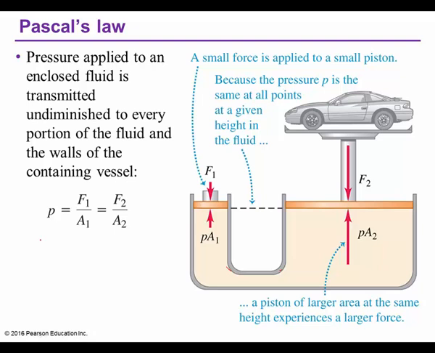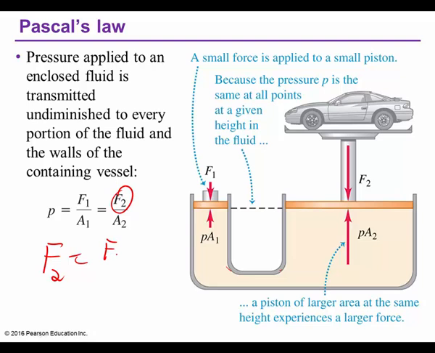And how do we find that? Well, again, pressure is equal to the force per unit area. So the force per unit area of 1 equals the force per unit area of 2. And of course, you can set those up and solve. If you want to find the force on 2, then the force on 2 would be equal to what?